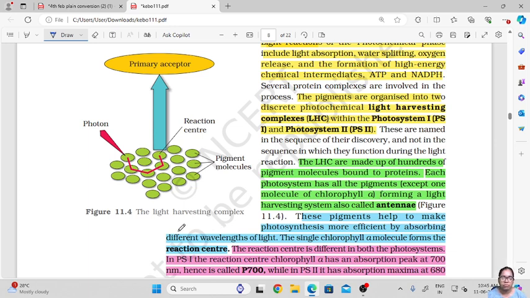Each photosystem has all the pigments except one molecule of chlorophyll A, forming a light harvesting system called the antenna. These pigments help to make photosynthesis more efficient by absorbing different wavelengths of light, and the single chlorophyll A molecule forms the reaction center.